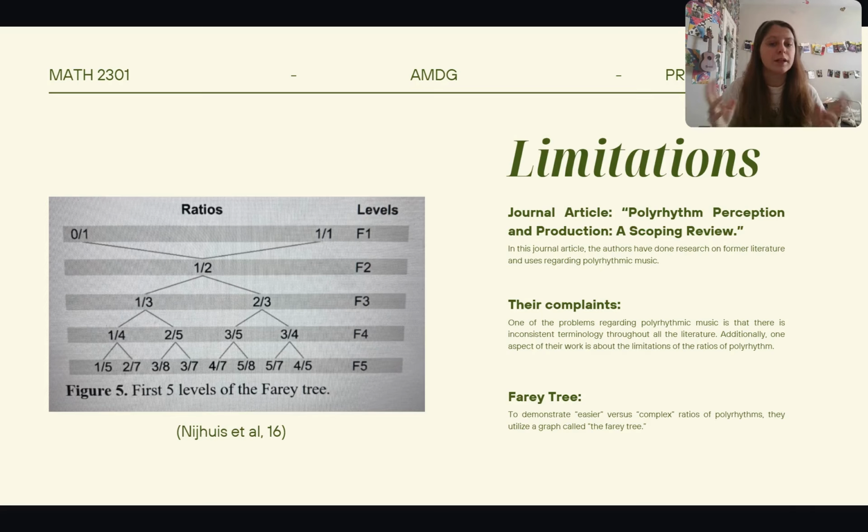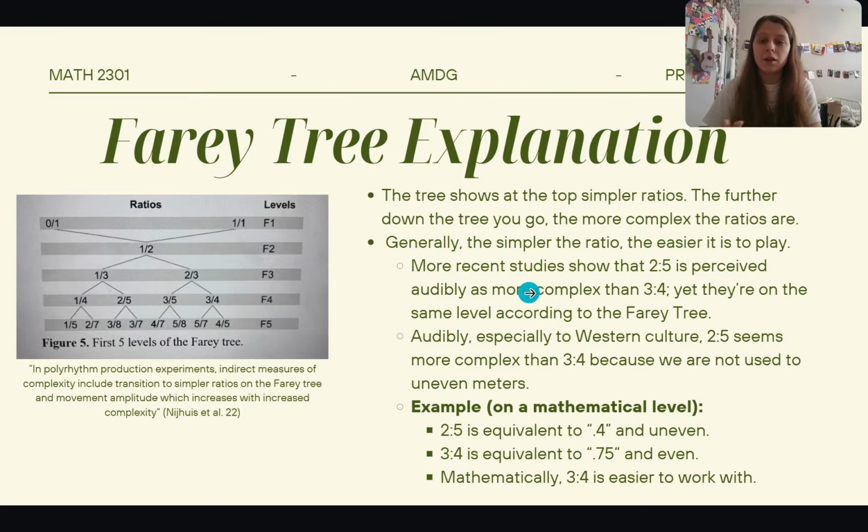To demonstrate easier versus more complex ratios of the polyrhythms, they use this. I'll show you on the next slide in more detail. The tree shows simpler ratios at the top, right up here, but the further down you go, the more complex the ratios are.